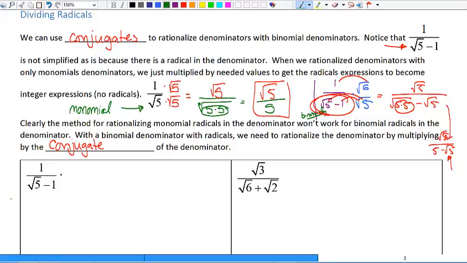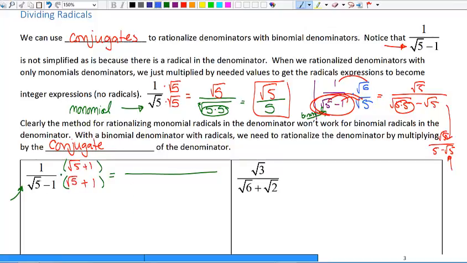So I need to rationalize the denominator because we have a radical in the denominator, and that's not okay. I'm going to be multiplying by something clever here. And the clever thing that we're going to choose is the conjugate. So I'm going to multiply by the square root of 5 plus 1. Whatever you do to the denominator, you will also have to do to the numerator.